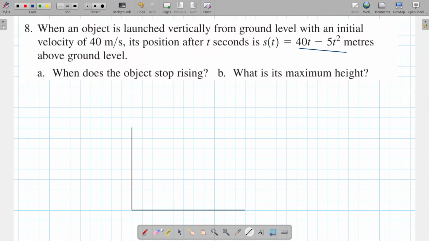You see this equation, how do you graph this? We're graphing a quadratic. It's not too difficult.